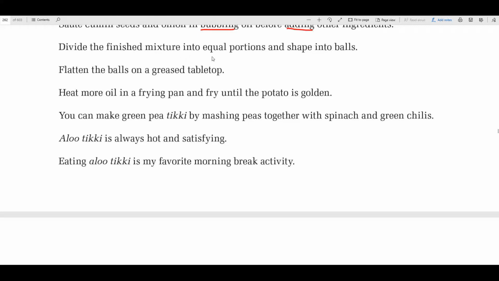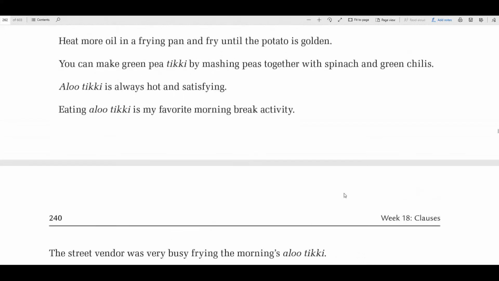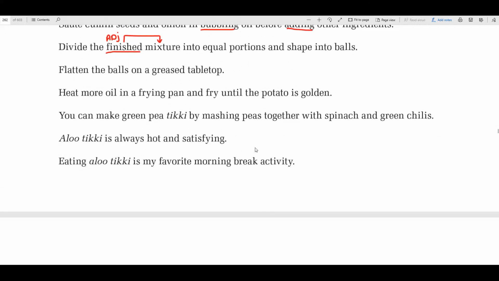Divide the finished mixture into equal portions and shape into balls. Okay, so I think, I'm going to do a couple more and then I'm going to have you do the rest of these.